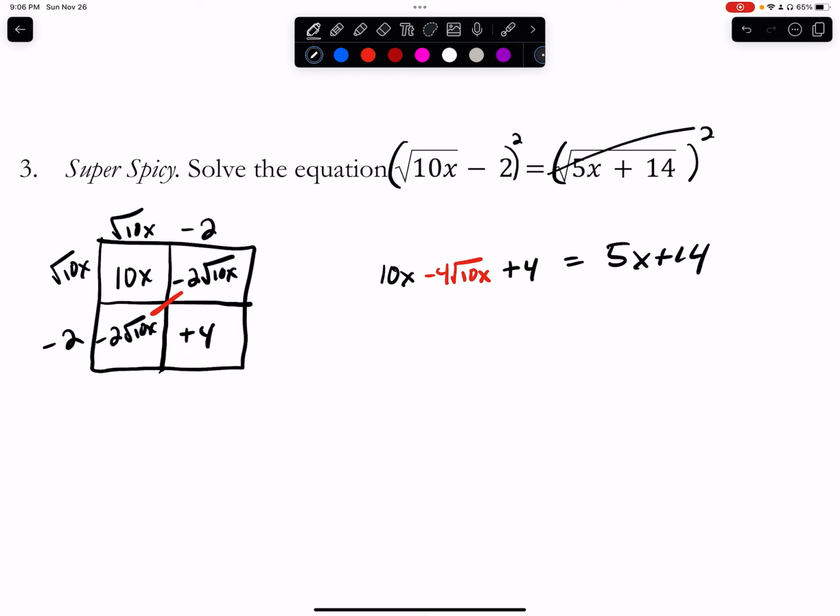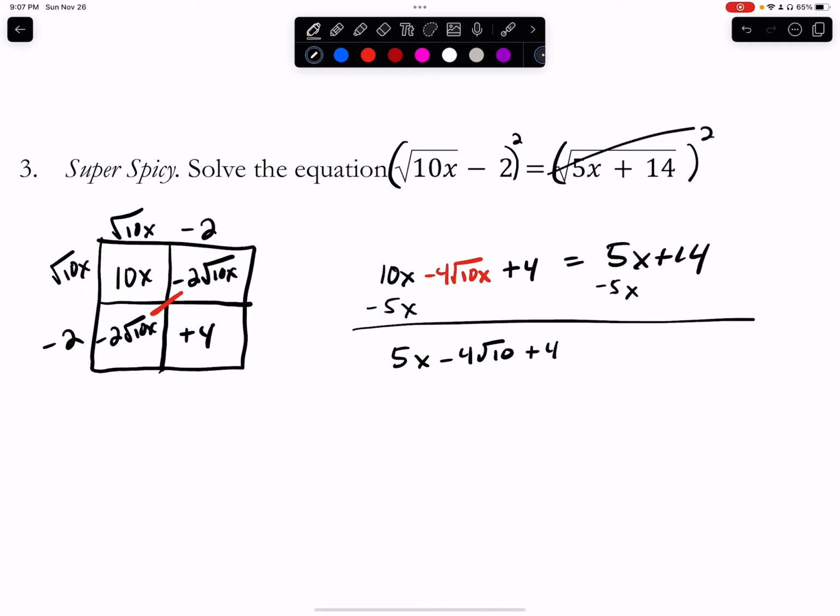All right, so first, if I subtract 5x from both sides, okay, what are we left with? Well, I'm left with 5x minus 4 radical 10x plus 4 is equal to 14. Okay, now let's see what we can do here with solving for these values here. Oops, radical 10x, sorry.